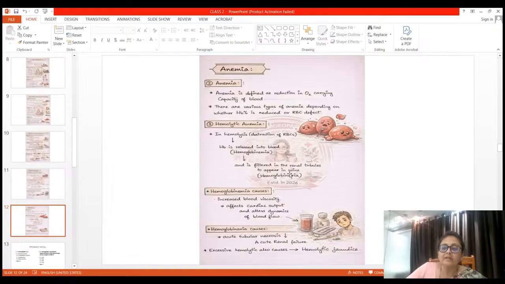Okay, so hemoglobinuria is dangerous, and excessive hemolysis also causes hemolytic jaundice. This we have seen in neonatal jaundice, which is physiological, but in some pathological conditions, like where the RBCs are defective, like sickle cell anemia, or microcytosis, macrocytosis, or increased reticulocyte count, all those deformed RBCs are destroyed.